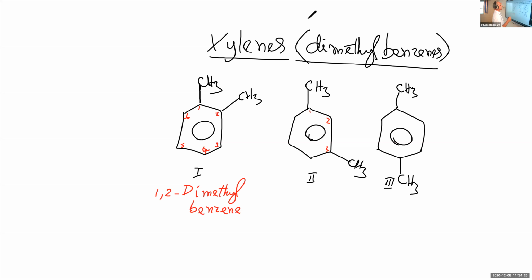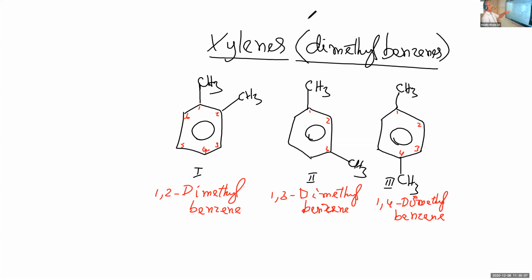The second compound, you can write the name now easily. It is 1,3-dimethyl benzene. Come to the third one. 1, 2, 3, and 4. So the compound is 1,4-dimethyl benzene.